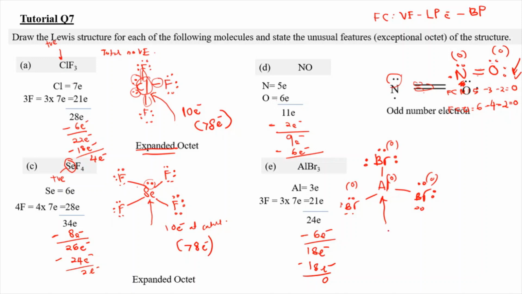And for aluminium here, you get 2, 4, 6 electrons at the central atom. Okay, and 6 electrons is essentially less than 8, but they are stable. So you know that it is an incomplete octet feature, so these compounds still exist, but the central atom has less than 8 electrons. Okay, so this is how you do question 7.